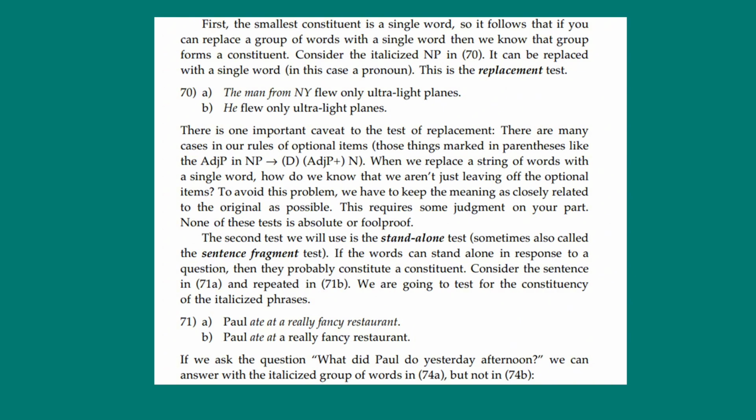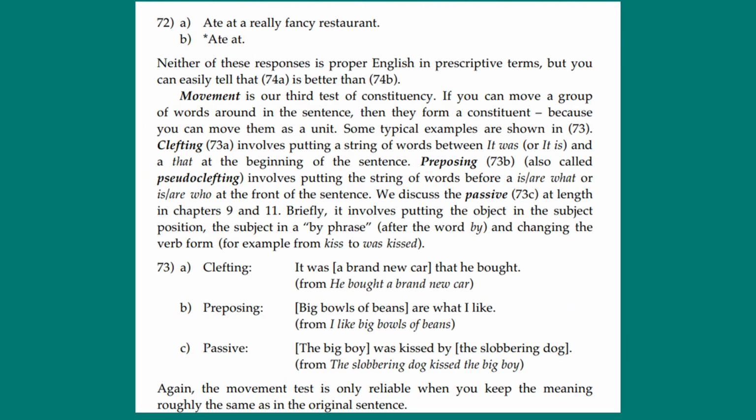Paul ate at a really fancy restaurant. If we ask the question, what did Paul do yesterday afternoon? We can answer with the italicized group of words in 74A but not in 74B: eat at a really fancy restaurant. Neither of these responses is proper English in prescriptive terms, but you can easily tell that 74A is better than 74B.